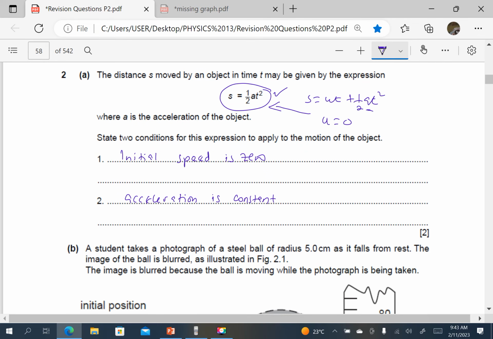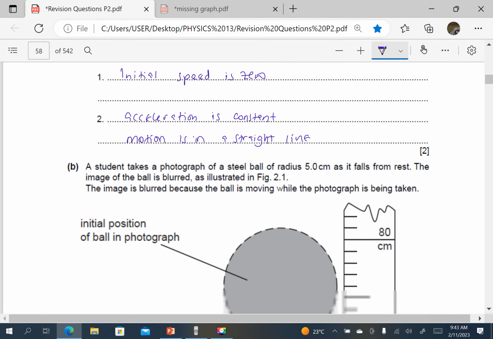And of course, normally when we use these equations, we are referring to uniformly accelerated motion, which must be motion in a straight line. So the motion is in a straight line.